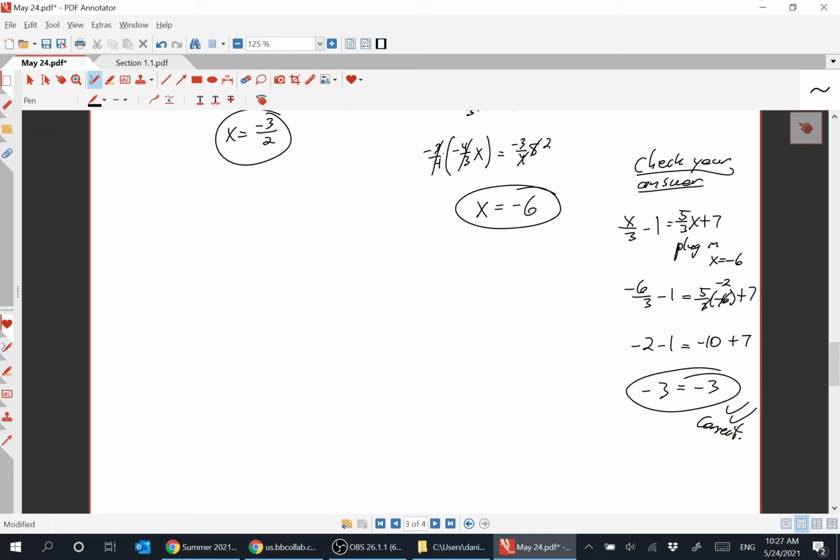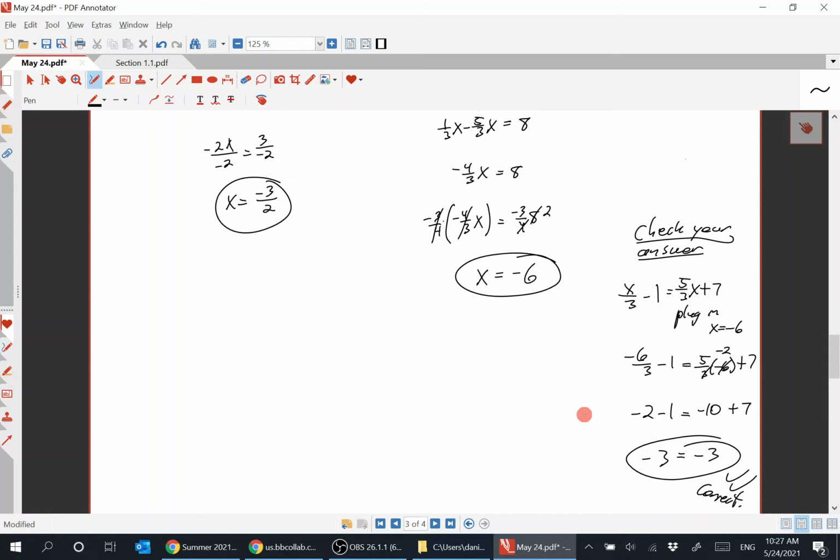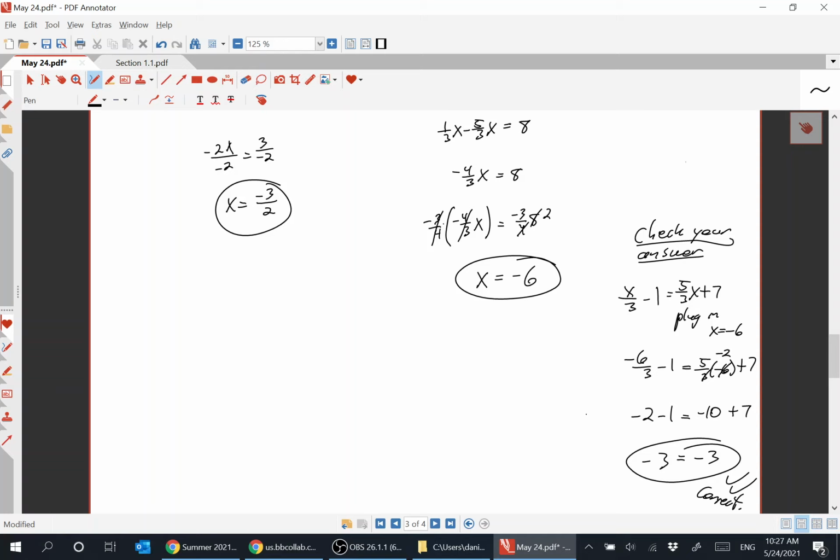If your answer wasn't correct, you would get something, like minus 3 is equal to 7 or something like that, something that would indicate you had an incorrect answer. Well, there's two things that could happen. If you got something that doesn't make sense, 1 is equal to 0 or 3 is equal to minus 3 or something contradictory, either you made a mistake in your check or this is incorrect.